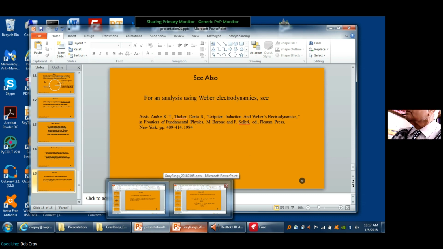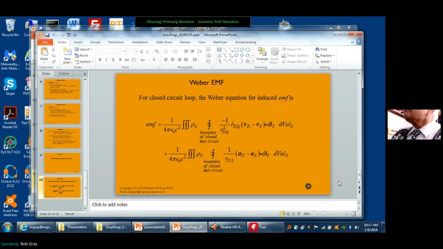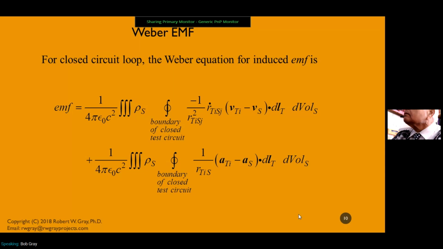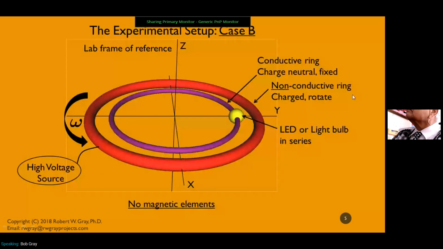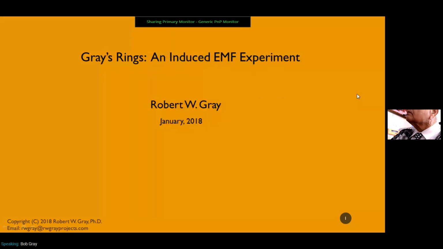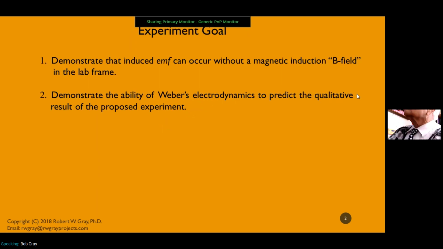The other thing I wanted to mention today, to get people's comments on, is a experiment that I came up with, a conceptual experiment on induced EMF, and I wonder if there'd be any interest in this experiment.